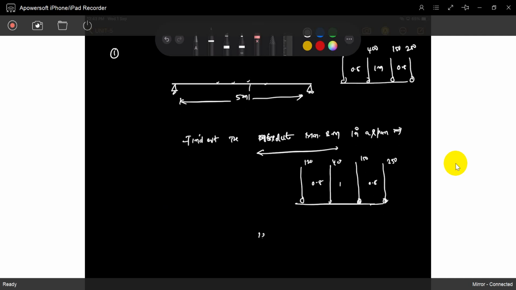Take the distances from the 120 load, otherwise from this line.